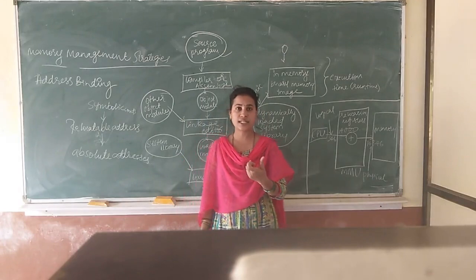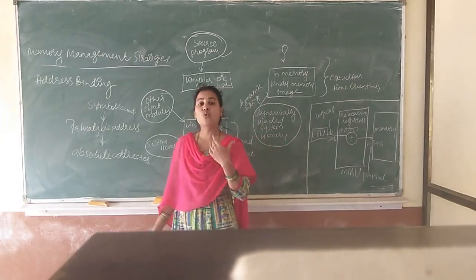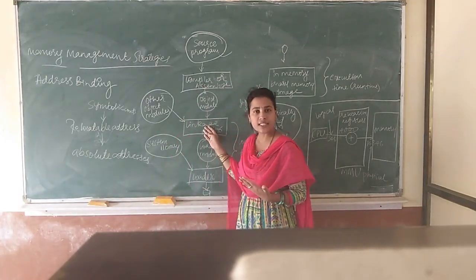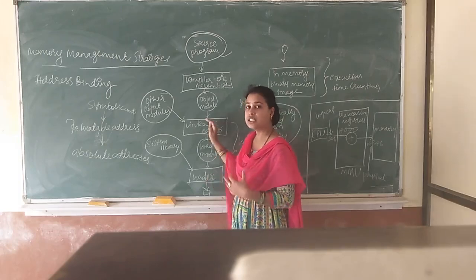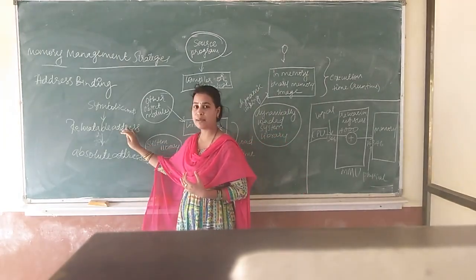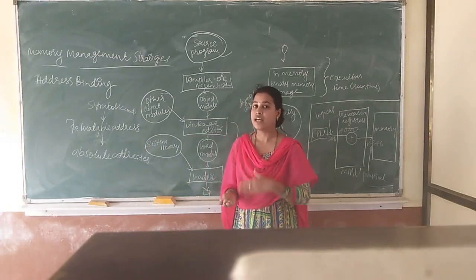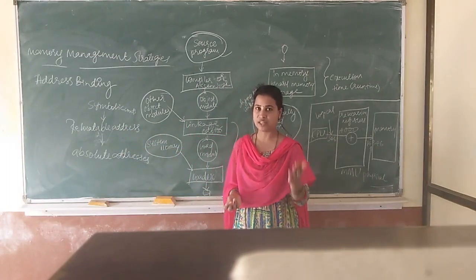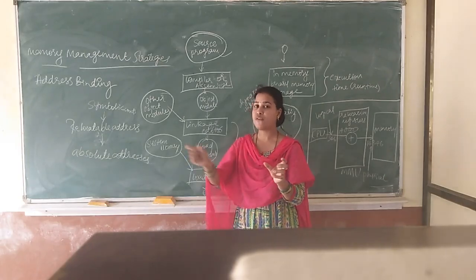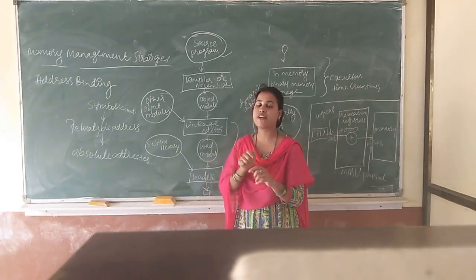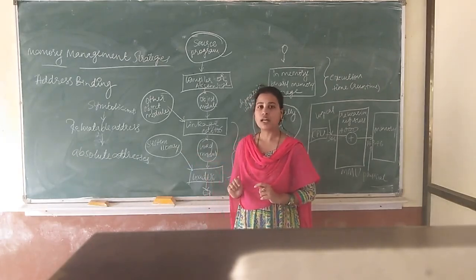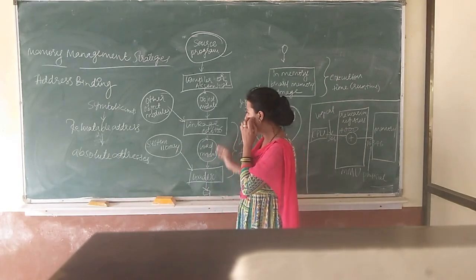This is the actual address which is present in the memory. Who will do this? The linkage editor or the loader. These will change the relocatable addresses to absolute addresses. How will they change them? We have seen the basic hardware before. It will use the base register and the offset, that is the limit register, and find out the actual absolute address. So like that we are using this.